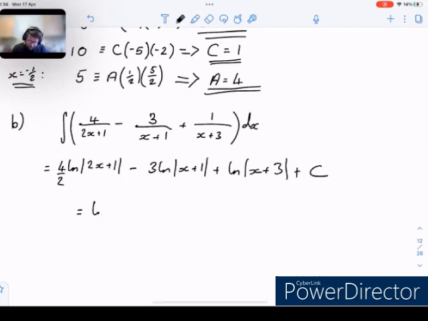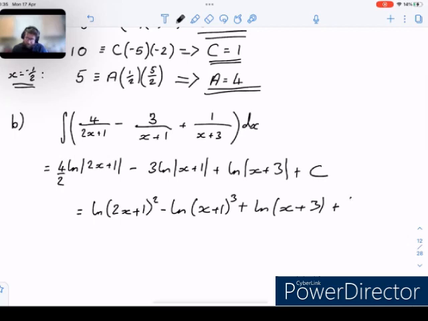So this becomes log of (2x plus 1) squared minus log of (x plus 1) cubed plus log of (x plus 3) plus c, which I'm going to call log k.